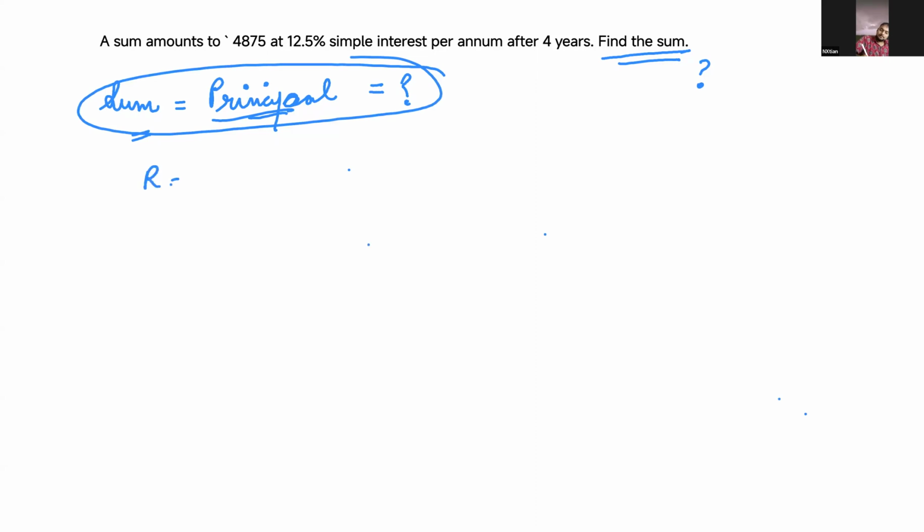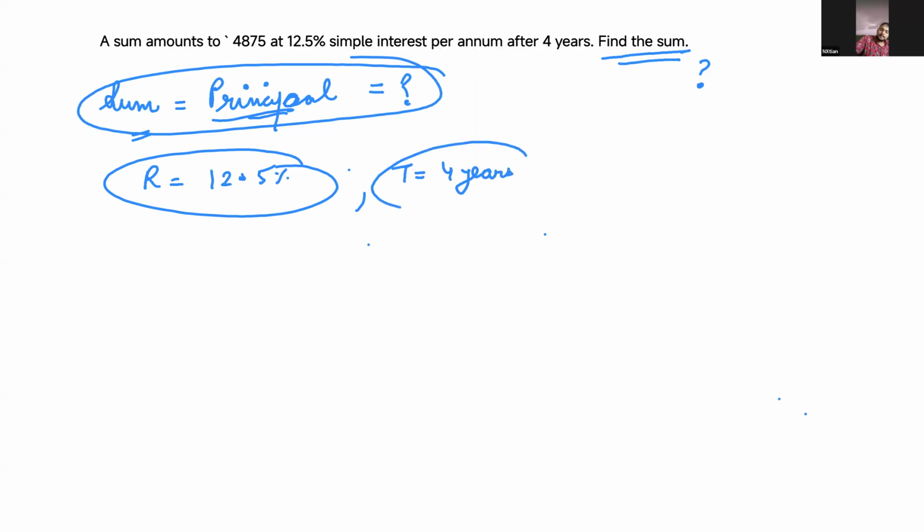Now the rate is given, which is 12.5 percentage. The time is also given, which is 4 years. But the amount is given. The amount is basically 4,875. Now we have to calculate interest.